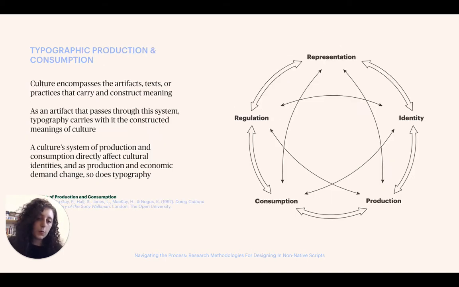Within this work, it's also important to study the systems of production and consumption within the new culture. This diagram, called the systems of production and consumption, shows how artifacts pass through the different areas of a culture. So typography, as an artifact that passes through production, consumption, regulation, representation, and identity, carries with it constructed meanings of culture that it picks up in each of these phases.